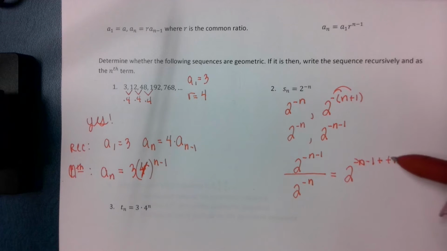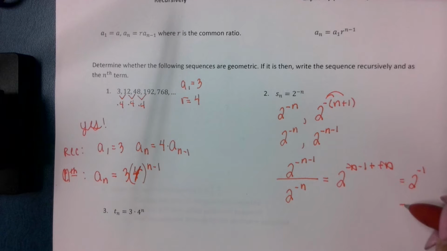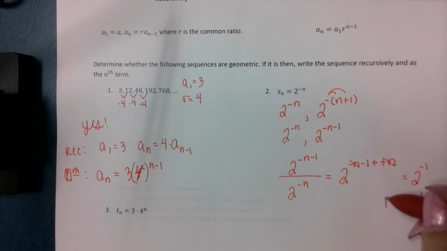So our n's here cancel, and I'm left with negative 1. So 2 to the negative 1 is left, which we know negative exponents mean make it into a fraction. So that means our r is 1/2. And because I have just a number here and I don't have any variables left, that means yes, it is geometric.